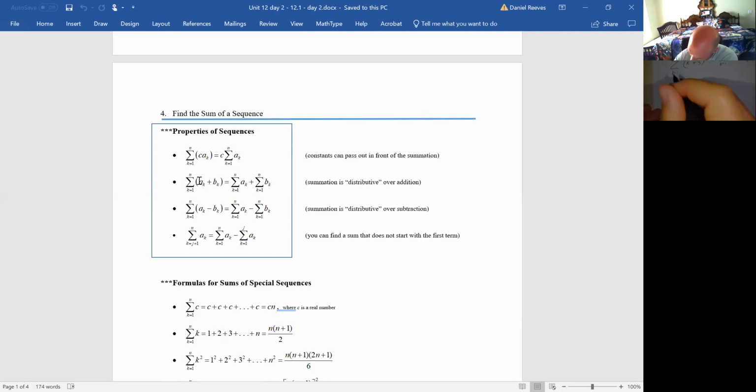If someone were to say something like, what is the sum from k equals 20 to 100 of, I don't know, k squared, then I could say that is equal to the sum from k equals 1 to 100 of k squared minus the sum, and you have to be a little careful here, from k equals 1 to 19 of k squared.